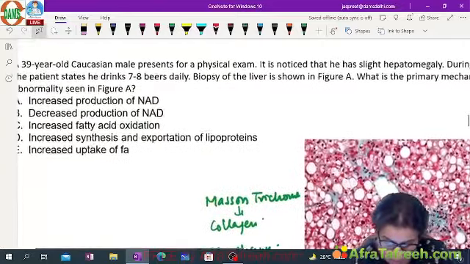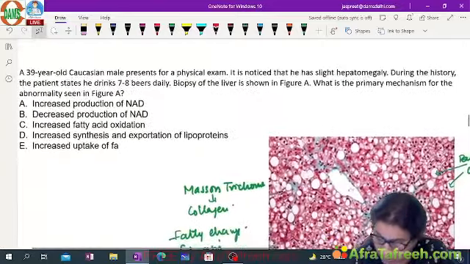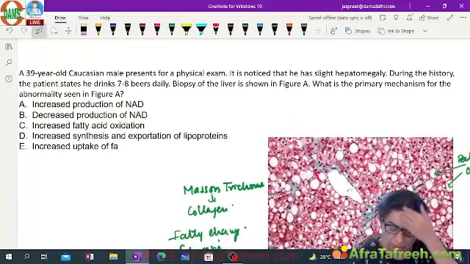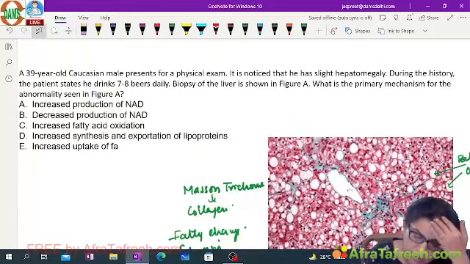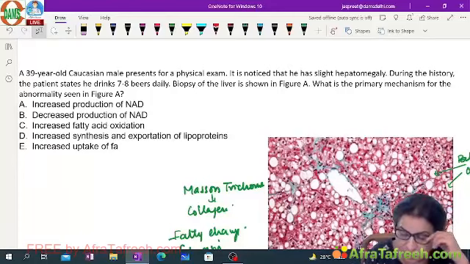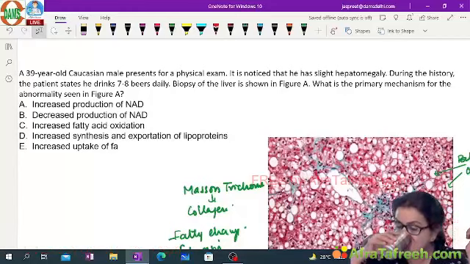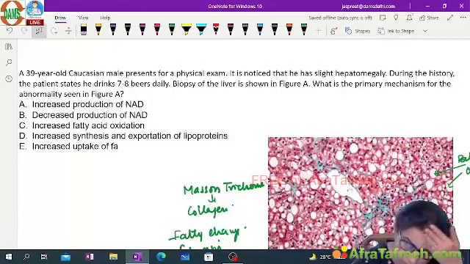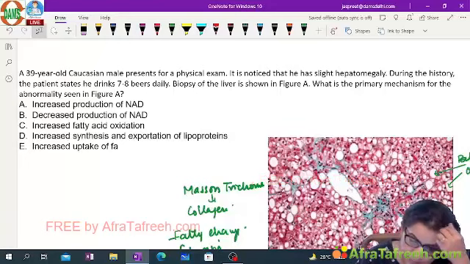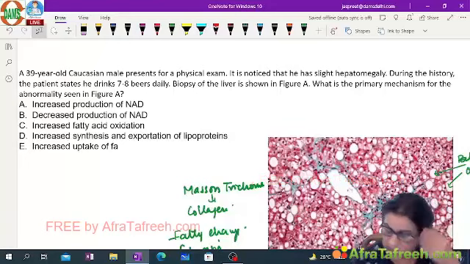Okay, now tell me, what is the answer to this question? What is the primary mechanism for the abnormality seen in this figure A? So why is fat depositing in the liver? Yes, absolutely, this is chicken wire fence pattern. Okay, so now what is the cause for this abnormality?